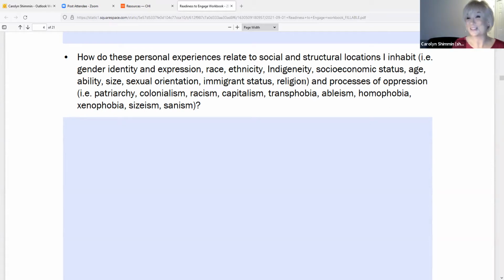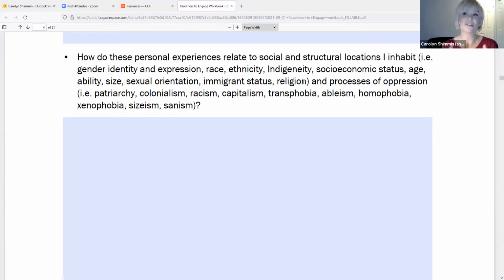They're socially constructed and they change over time and space, but it's good to have an understanding of these locations which you inhabit, but then also going beyond just saying, so perhaps for myself, I could say I'm a white settler, I'm cisgender, and kind of go through the different social locations which I inhabit.